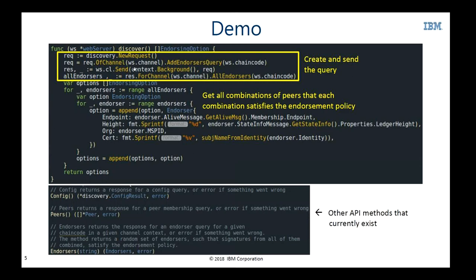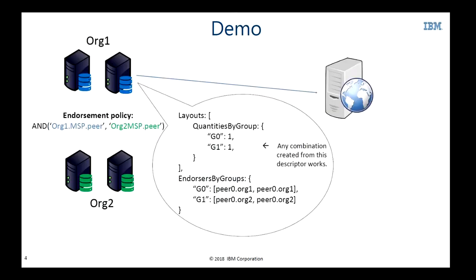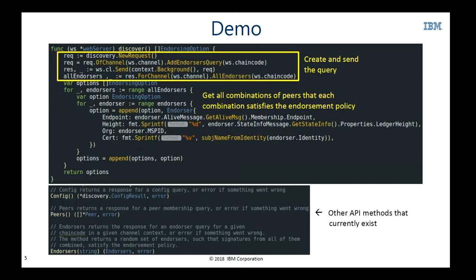Now, we send this request to the peer, and afterwards, what we receive back is some descriptor, and this descriptor is the same descriptor from a previous slide. And we ask the service discovery client inside the SDK to give us all options of all endorsements.